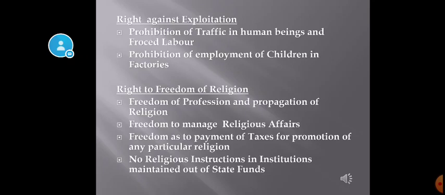The Constitution guarantees every person freedom of conscience and the right to profess, practice and propagate religion. The wearing and carrying of kirpans is included in the profession of the Sikh religion. But this is subject to morality, health and public order, which means it should not disturb the peace of the nation and the public.